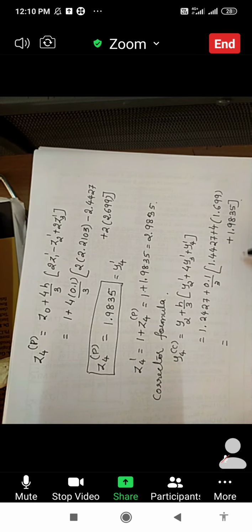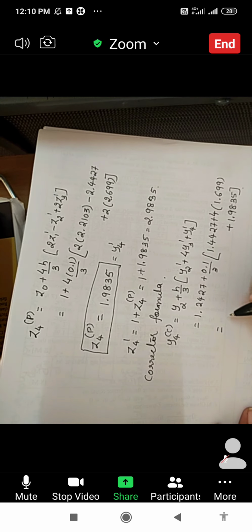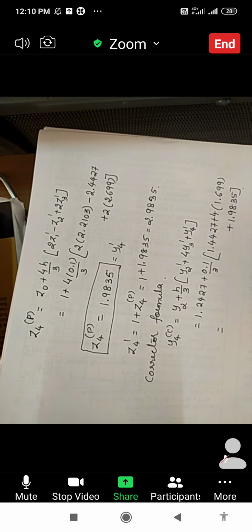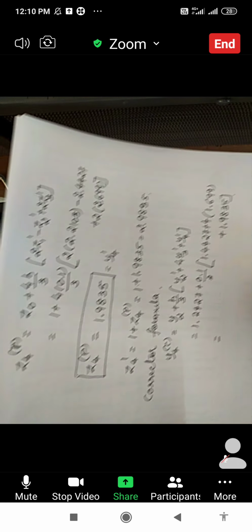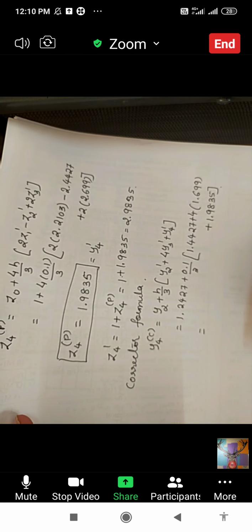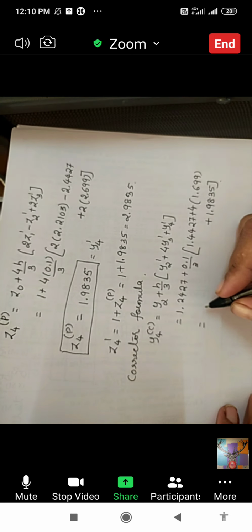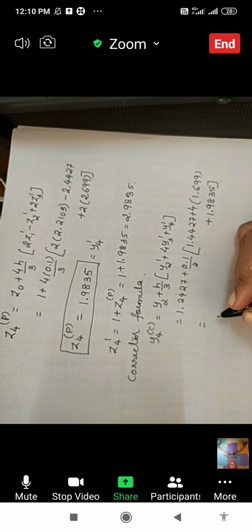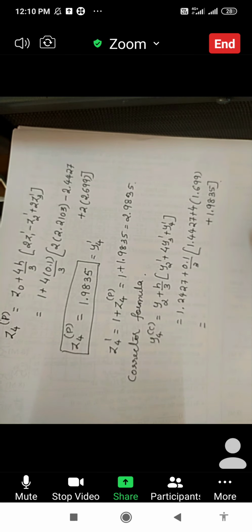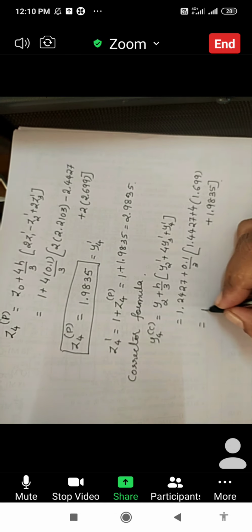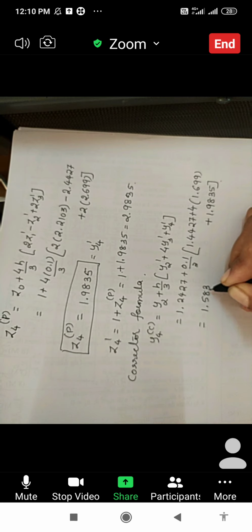Yes, calculate. The corrected value will be nearer to 1.5835. 1.58 after that, 4.